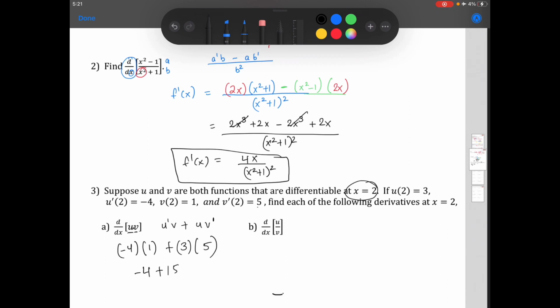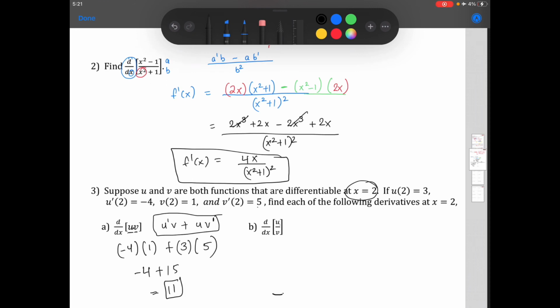Simplify: negative 4 plus 15, which is 11. So this is how you find it. Here the values were given to you and all you had to do was substitute in. All you needed to know was the product rule.